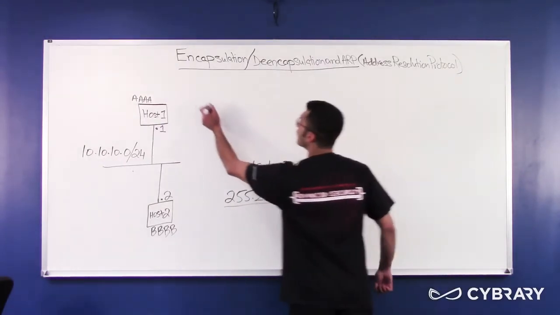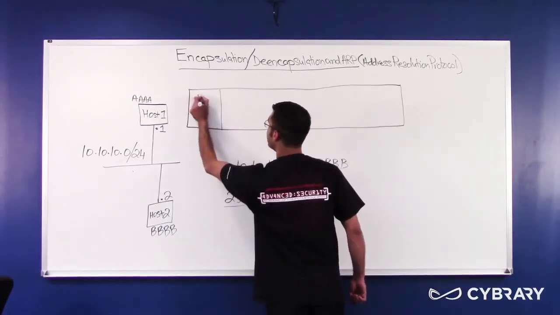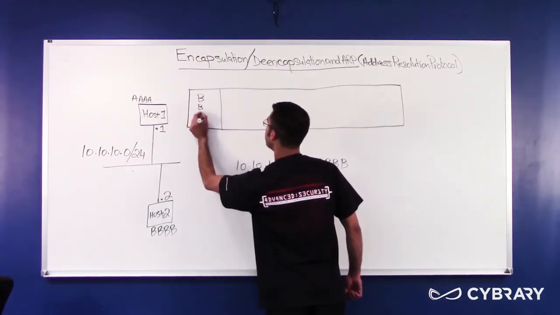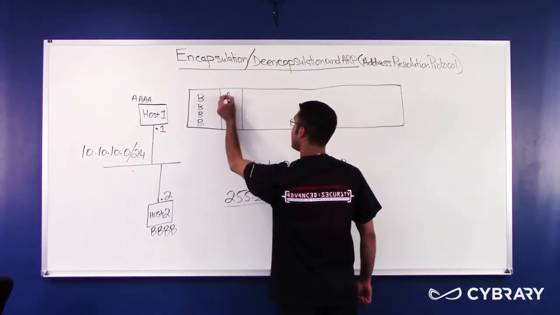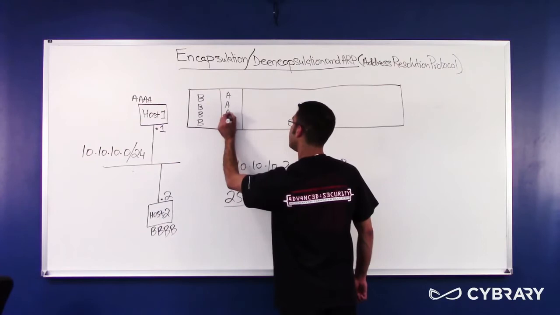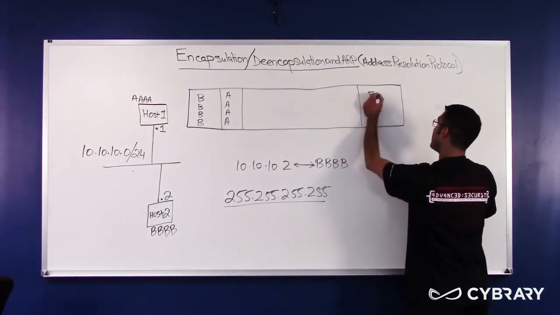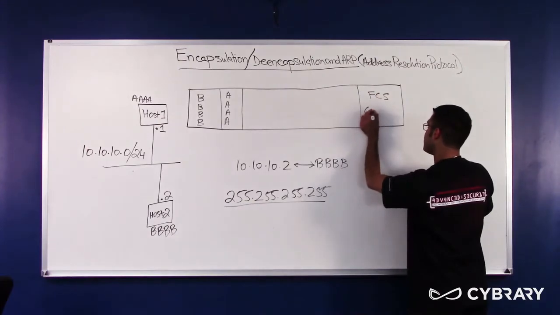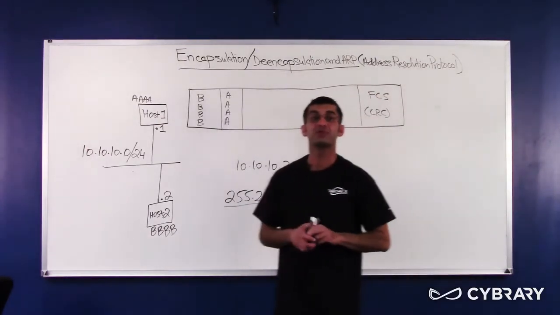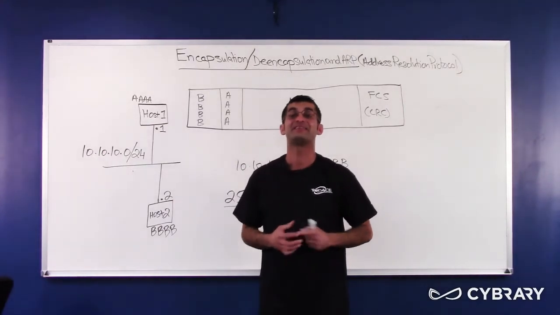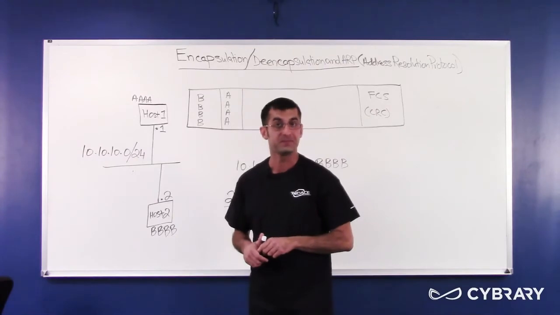So the frame would look something like this. The destination MAC would be BBBB. The source MAC would be AAAA. And then you have the frame check sequence housing the CRC. As I said, host 1 will encapsulate the original ICMP packet inside of the frame and put it inside the data portion of the frame.